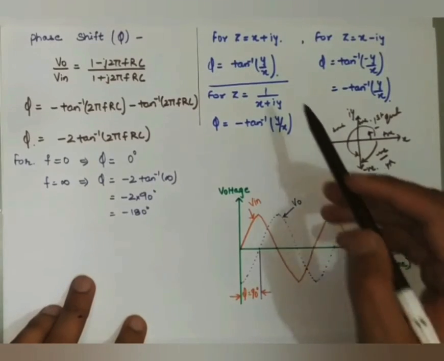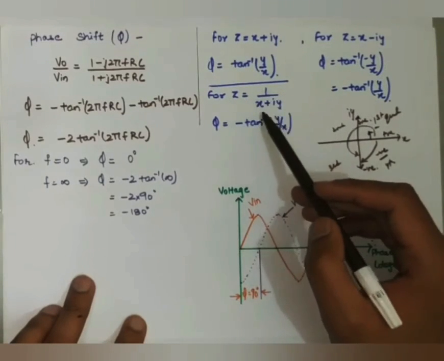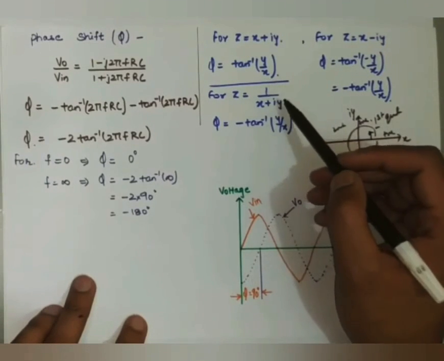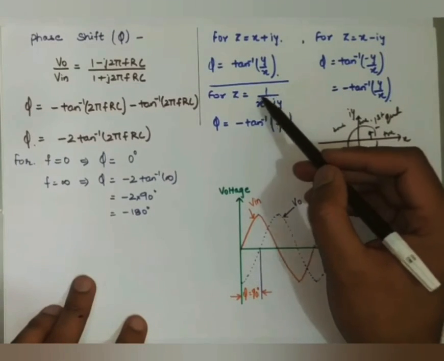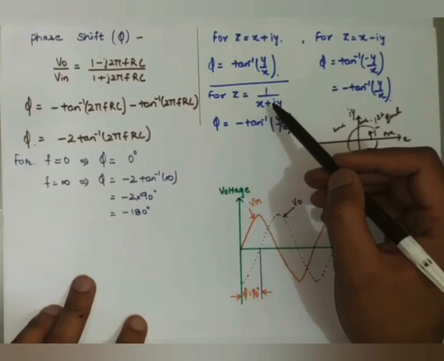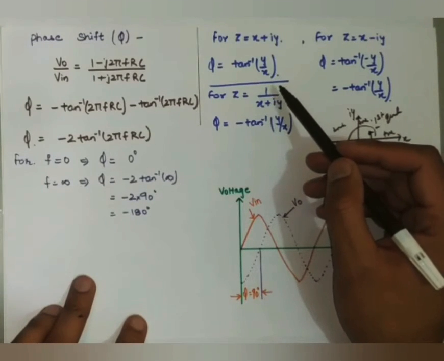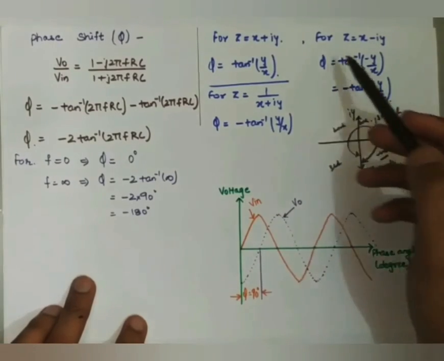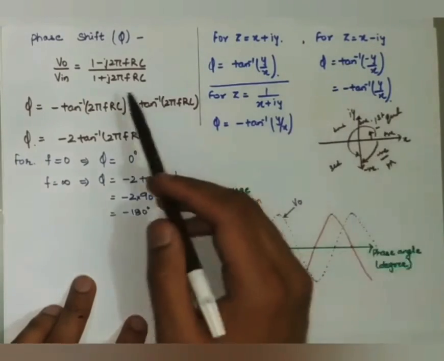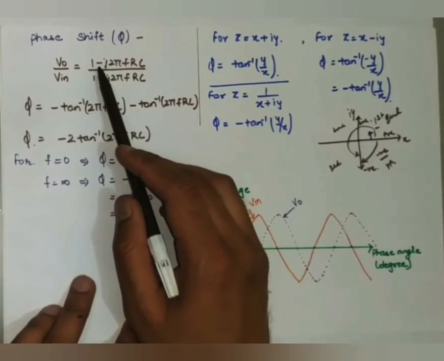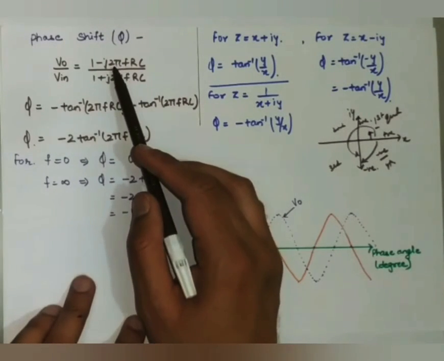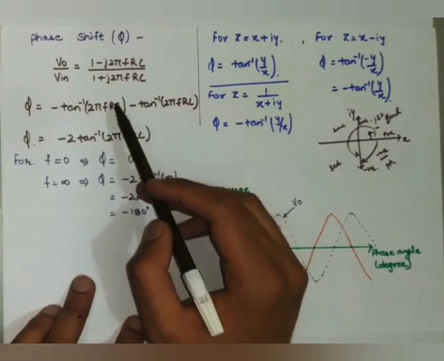In the third case, if z is equal to 1 upon x plus iota y, then the numerator phase is 0 but the denominator phase is tangent inverse of y by x. So I take minus tangent inverse of y by x. By using these terms, I can conclude that the phase of the numerator is minus tangent inverse of the imaginary term 2 pi FRC divided by 1.